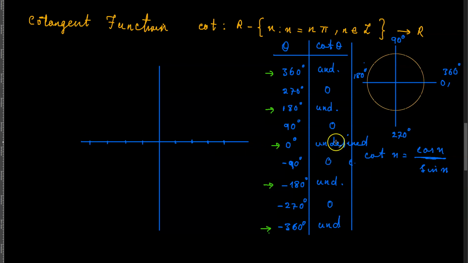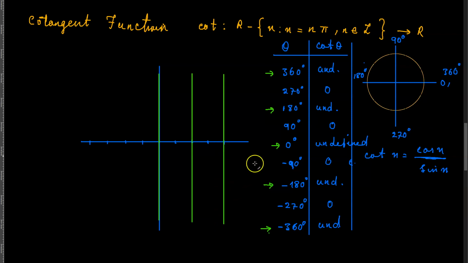So at 0 the function is undefined. That means that you will get a vertical asymptote right on the y-axis. At 180 degrees, the function again is undefined. So this is 180 degrees. You will get a vertical asymptote here. At 360 degrees, again, you will get a vertical asymptote here.